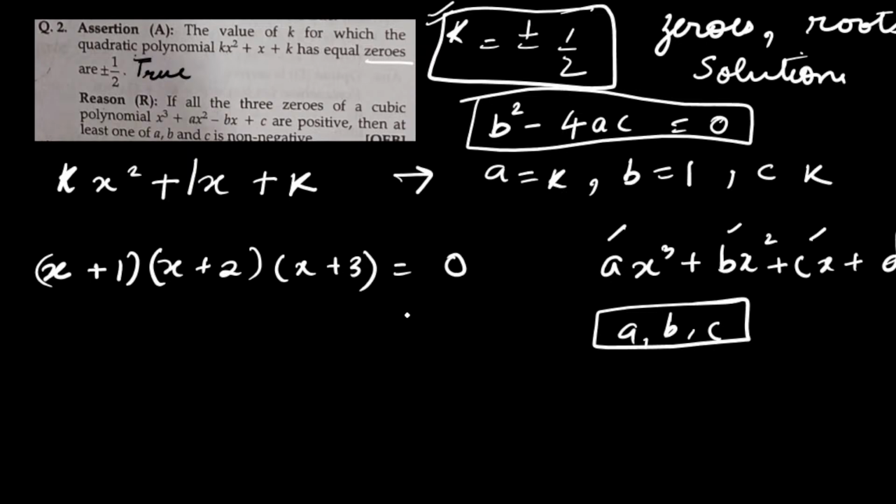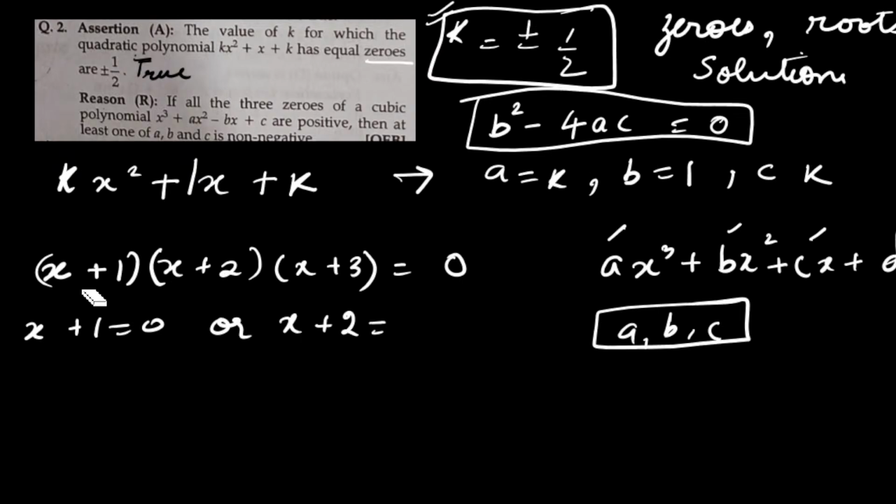See, this is a cubic polynomial. When you solve this one, you will get x value as minus 1, the same way we solve: x plus 1 is equal to 0 or x plus 2 is equal to 0.